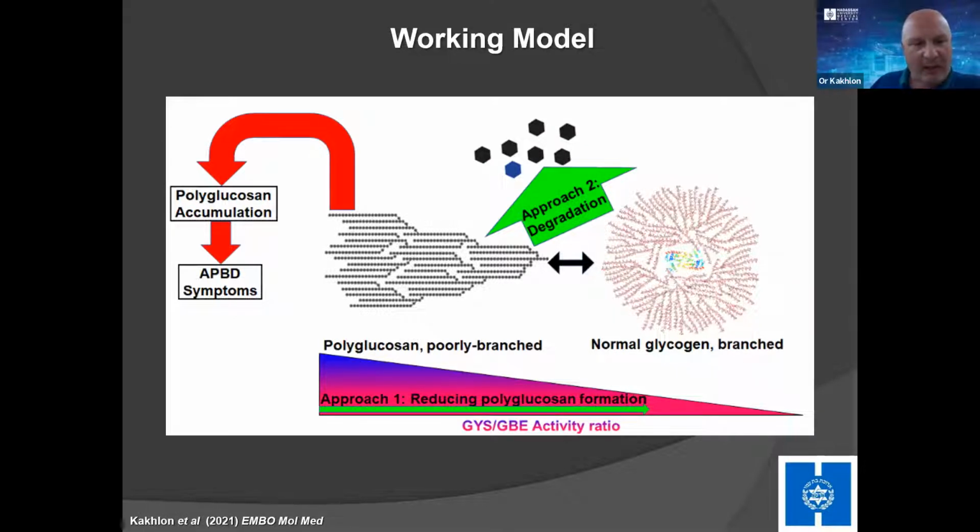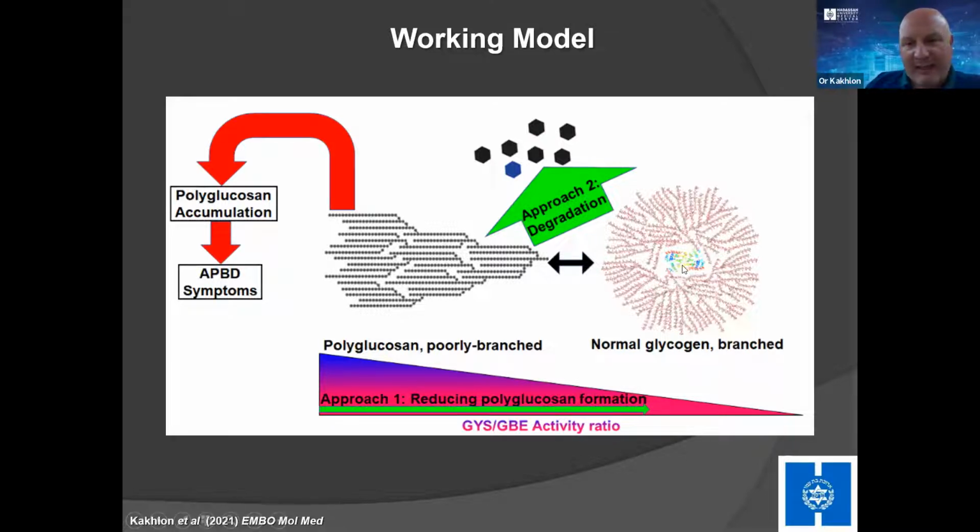So if we talk about APBD, adult polyglucosan body disease, the pathogenic factor, as many of you may know, is aberrantly structured glycogen. Normally glycogen is a highly branched molecule, as you see here, which generates a globular, huge molecule of more than 50,000 glucose residues, and which makes it soluble in the cytoplasm.